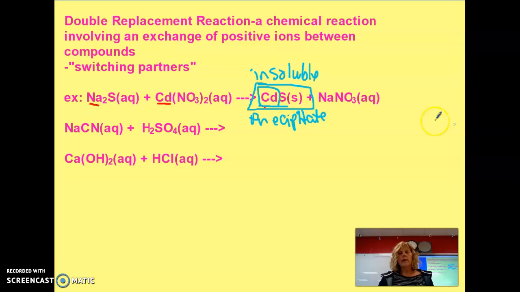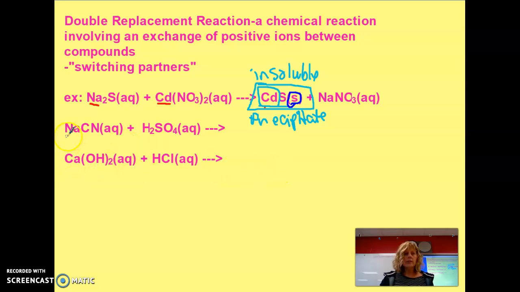And if we would have been super observant, I noticed I had already labeled this S for solid, so I already knew that this one was going to be the one that formed a solid. And that's all these rules are, looking at what's going to form the solid.